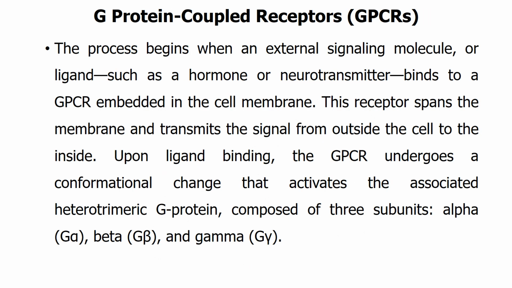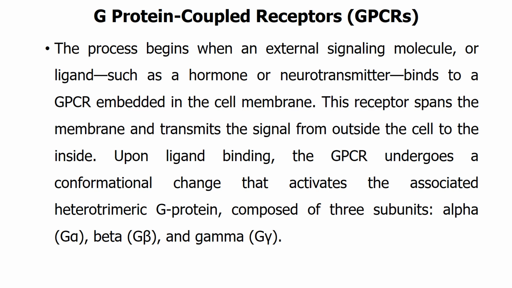This process begins when an external signaling molecule or a ligand, such as a hormone or neurotransmitter, binds to a GPCR embedded in the cell membrane. This receptor spans the membrane and transmits the signal from outside of the cell to the inside.